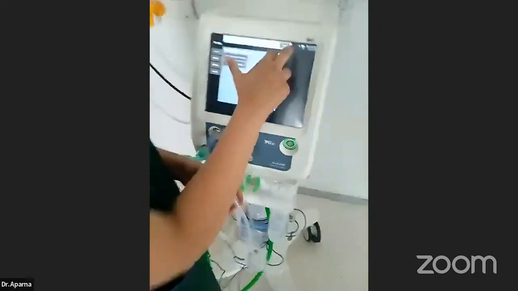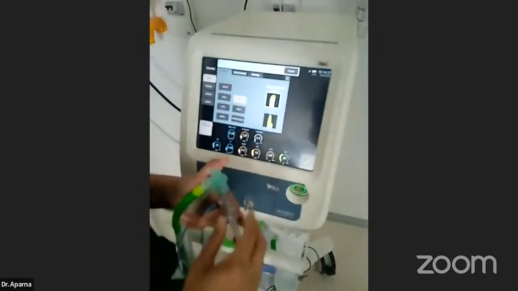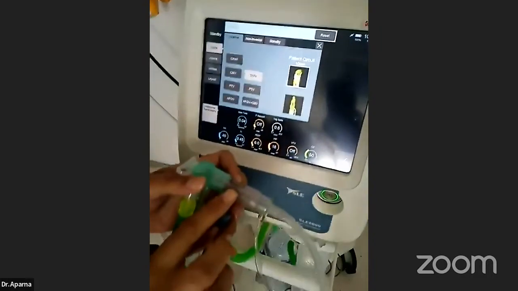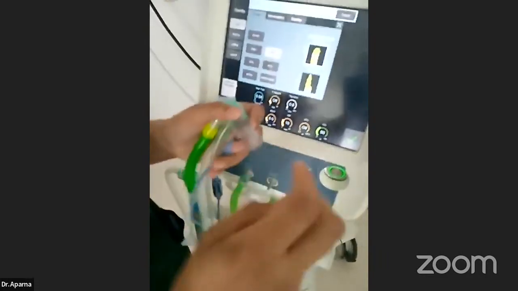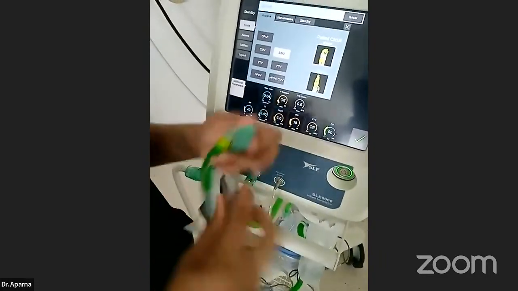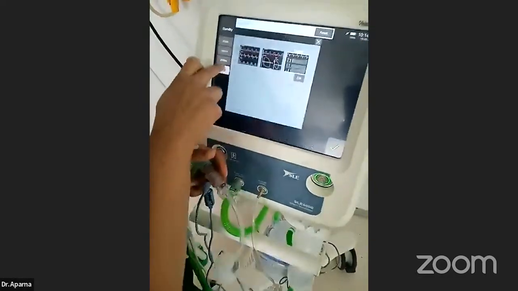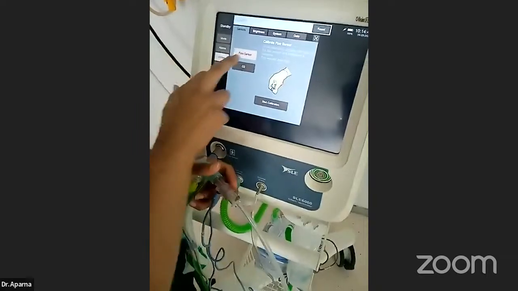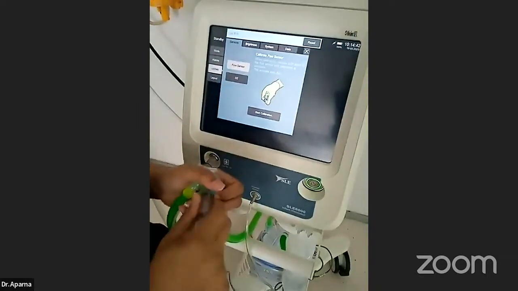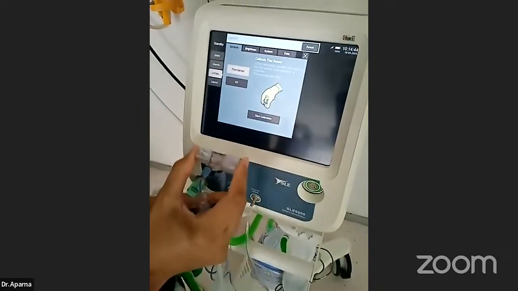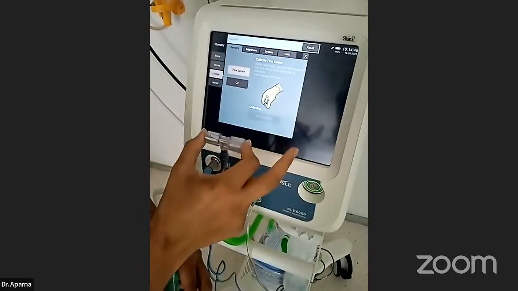As we did last time, for any patient triggered mode of ventilation, the key is the flow sensor. We discussed last time how we calibrate the flow sensor. While occluding both ends of the flow sensor with sterile hands, one starts calibration.